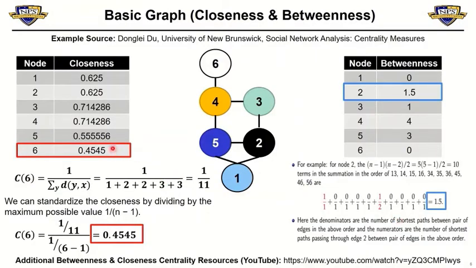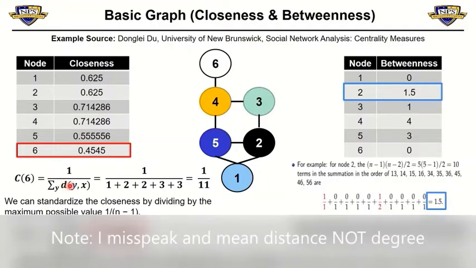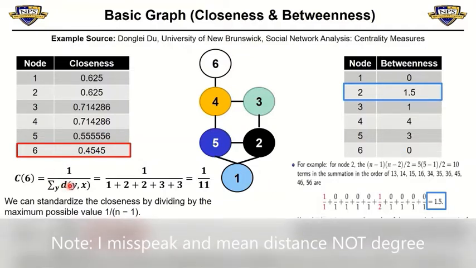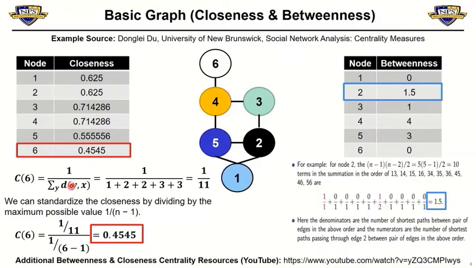Now for closeness, we apply the formula of 1 divided by the sum of the shortest path distances to each of the other nodes. We're going to look at node 6 to start off with. To go from node 6 to node 4, the shortest path is 1. Then to go to node 3 is 2. Then to go from node 6 to node 5 is also 2.